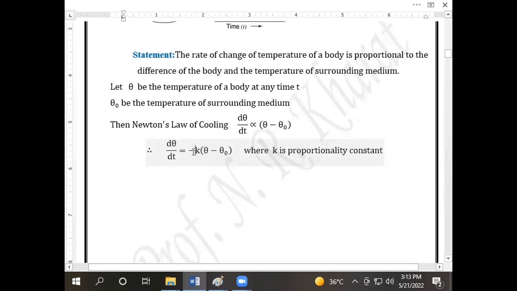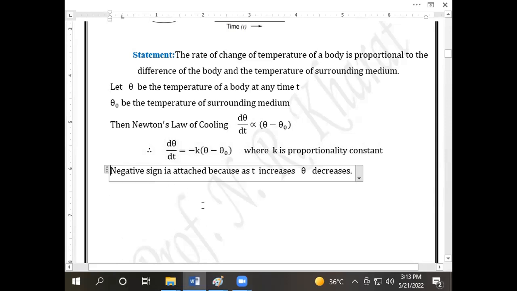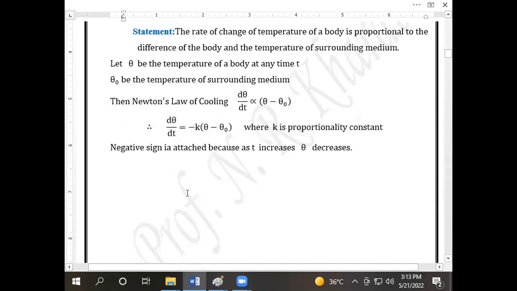The minus sign is attached because as time increases, the temperature of the body goes on decreasing. Due to that, the negative sign is attached to this differential equation.